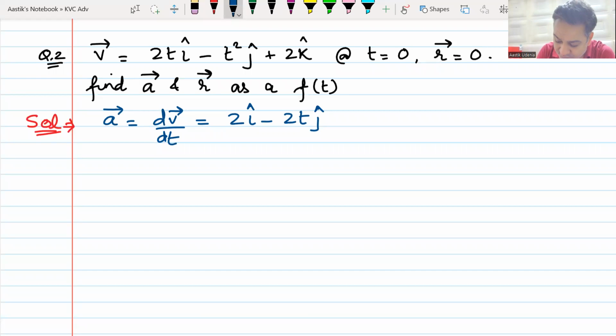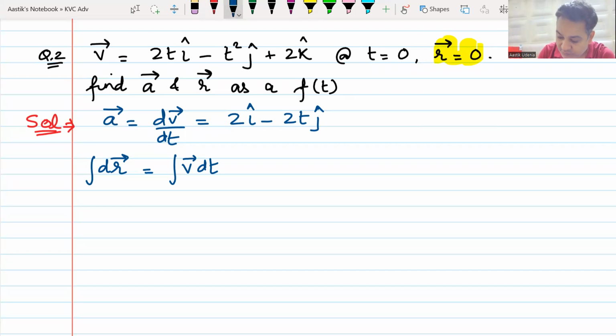Now to find out the position vector of the particle as a function of time, dr vector is equal to v dt. Yes or no? Now we integrate this dr vector. Initial position is 0. Do we understand this?